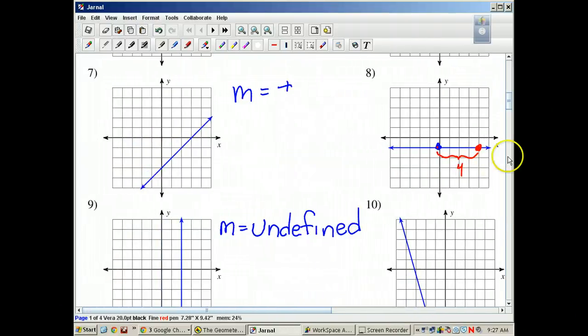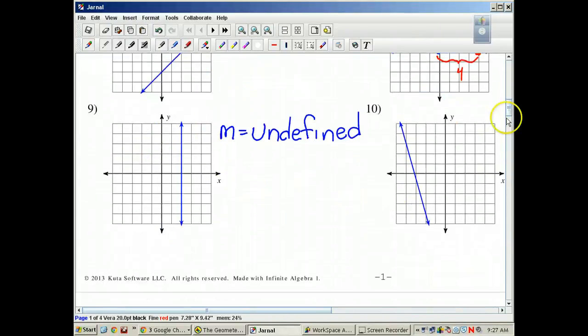Same thing on number 9. Prove to me that the answer is undefined. Pick 2 points. Pick any 2 points. On this one, what's the rise? I got 5. Yours might be different, but the rise on here is 5. What's the run on this one? The run is 0.